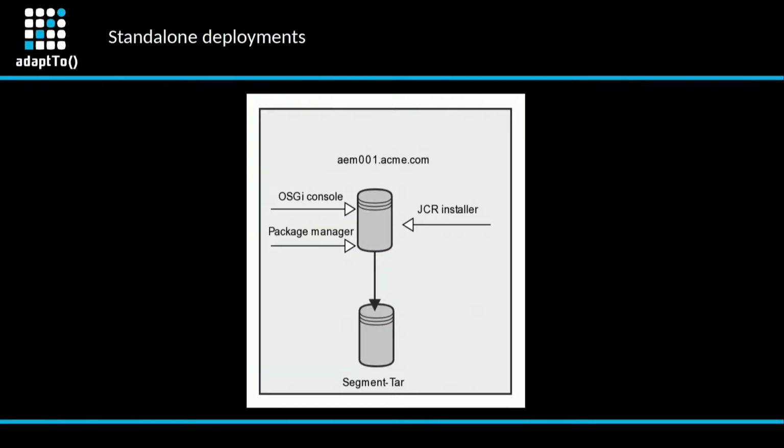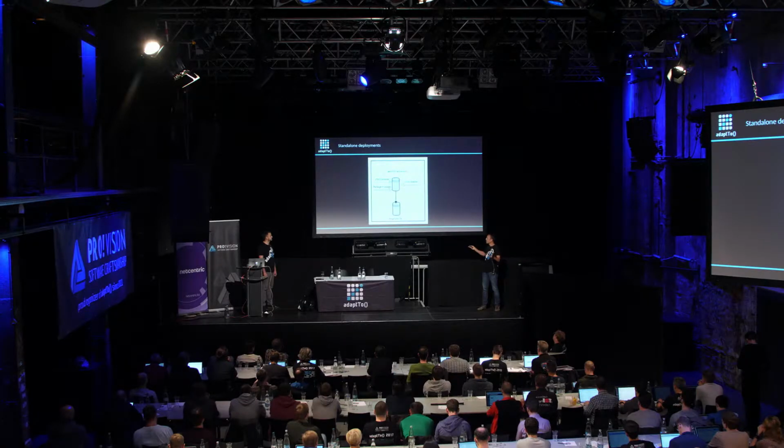Standalone deployments are a bit easier to manage, but here the paradox is choice. We have many ways of deploying these updates. We can use the OSGi Web Console with its advantages and disadvantages. We can use the JCR installer. We can choose to wrap things up in a content package and deploy them as well. But on the other hand, we have all these disparate solutions.